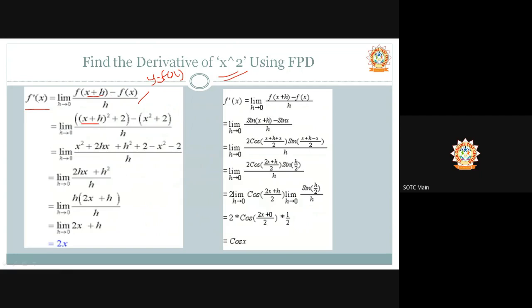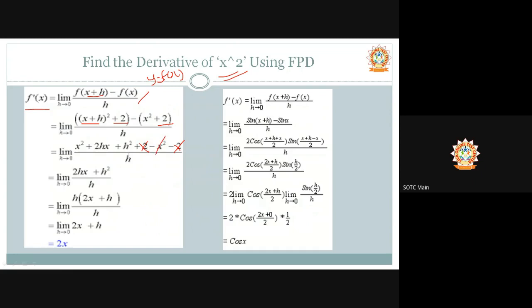Then here this is adding plus 2 and minus 2. We will see why it is added, for making it into standard form. And here f of x is nothing but x square, right? If you expand using the x plus h whole square formula, it will become x square plus 2hx plus h square plus 2 minus x square minus 2. So this thing basically is not required. Even if you add any constant, it will be ignored here, right?